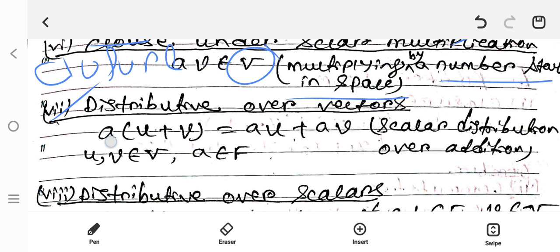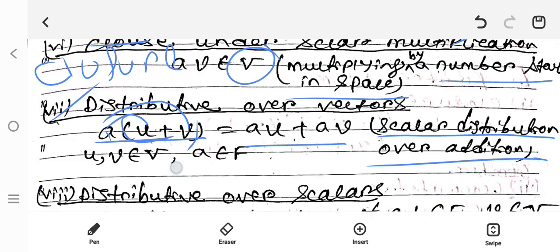Here a multiplied by u plus v gives us au plus av. This is called scalar distribution over the addition, where u, v belong to set V and scalar a belongs to field F.